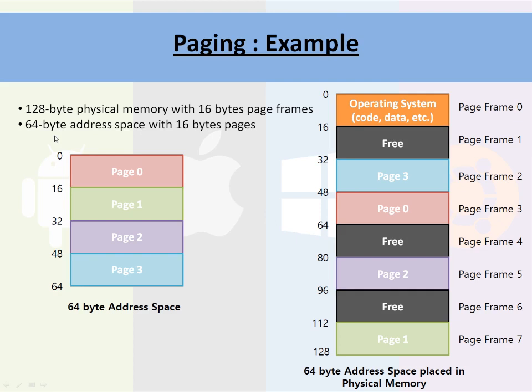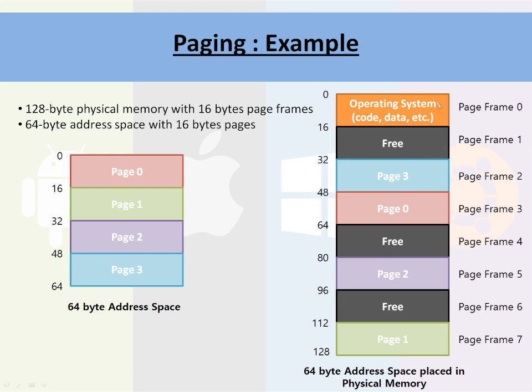And then we also see that our address space is of size 64 bytes, and it is also divided up into 16 byte pages. So each of these pages here is its own 16 bytes. And these pages will be stored in physical memory, of course. You can see that page 0 here, which is from 0 to 15, is stored in page frame 3. Page 1 is stored in page frame 7, page 2 in page frame 5, and page 3 in page frame 2.